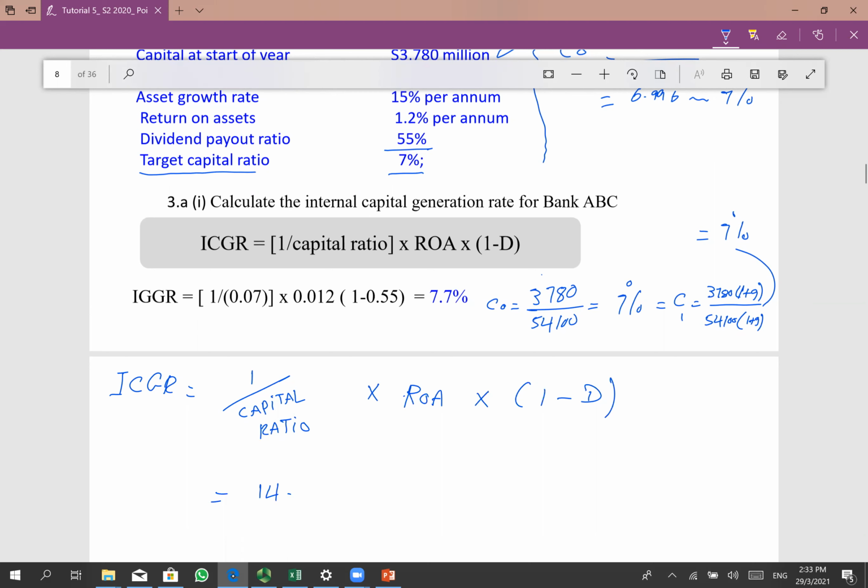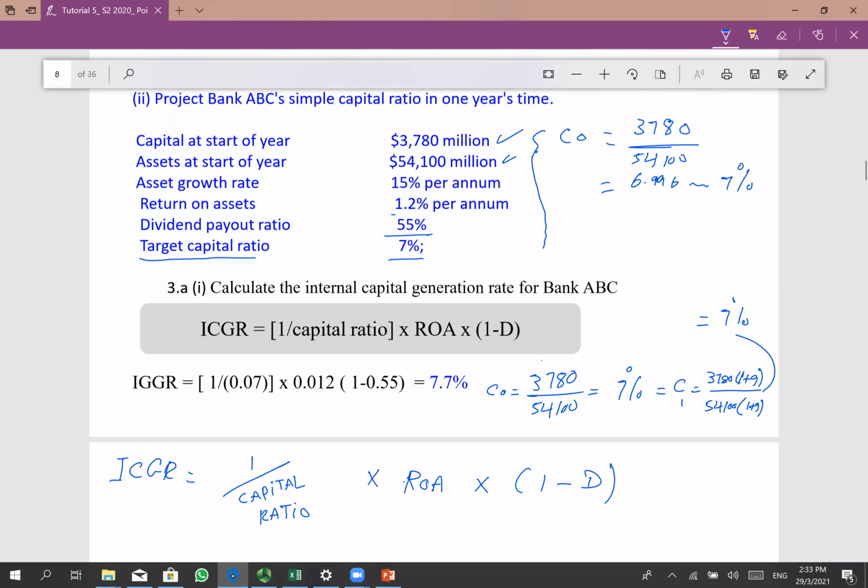Let me just use my calculator. 14, this is 1428, times ROA, which is how much? 1.2%, okay?